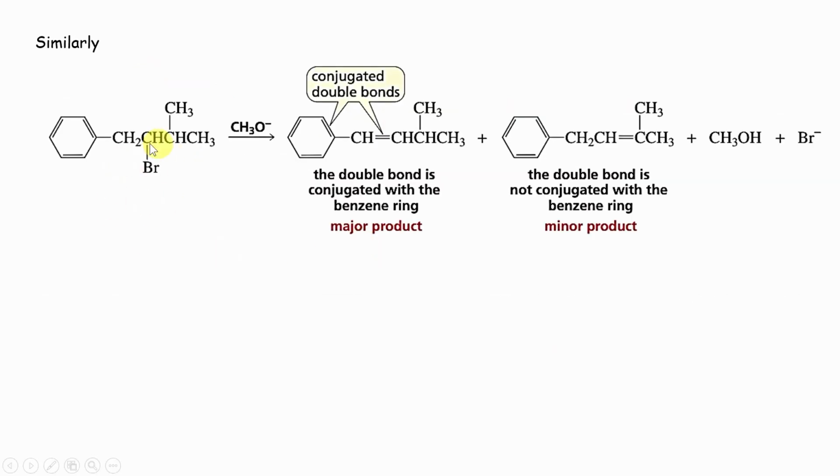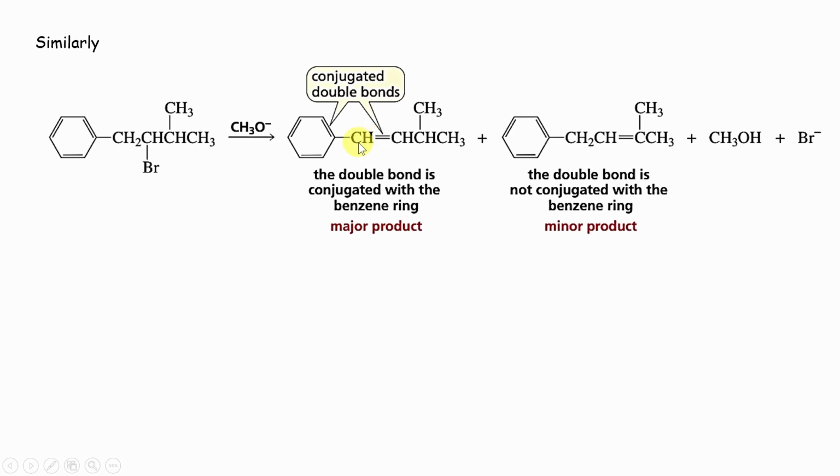Similarly, see this example. This alkyl halide contains a beta carbon atom attached to a phenyl ring or benzene ring, which on treating with the base forms two dienes. One is with conjugated double bonds.